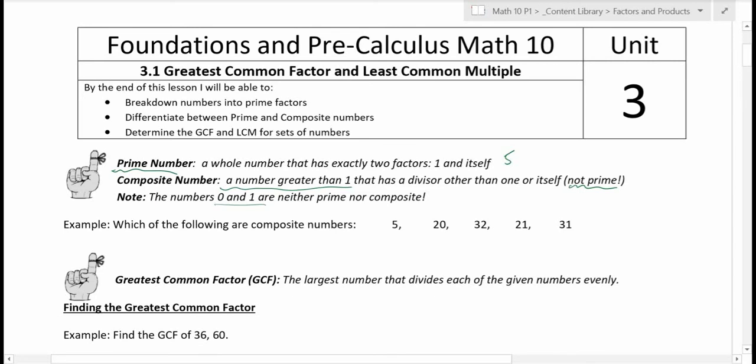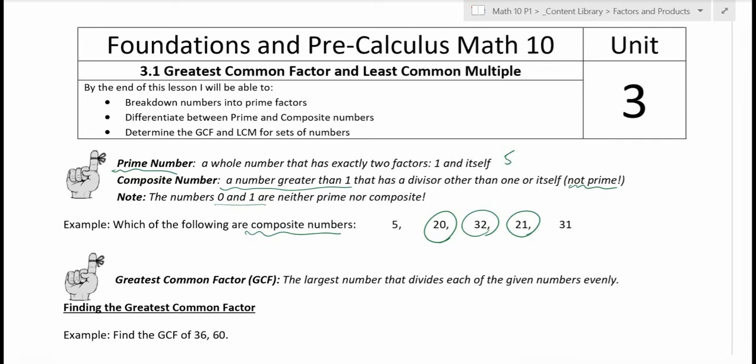Okay, so let's see here. It says, which of the following are composite numbers? Remember, if it's not a prime, then it is a composite number. 5 is a prime number, therefore it's not a composite. 20 is a composite number because it has factors 4, 2, 5, and so on, so it has more than two factors. 32 is a composite number because 4 goes into 32 evenly, so that's a factor, and that's not 1 or 32.